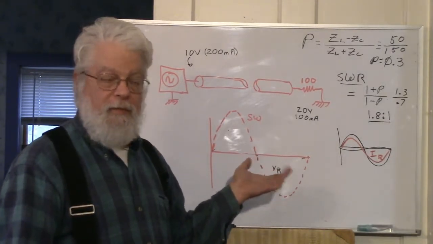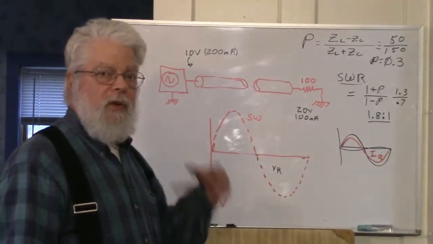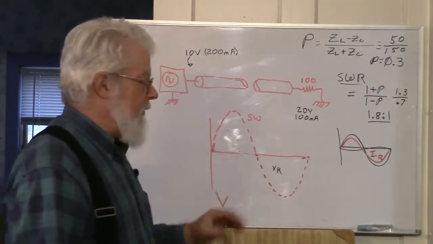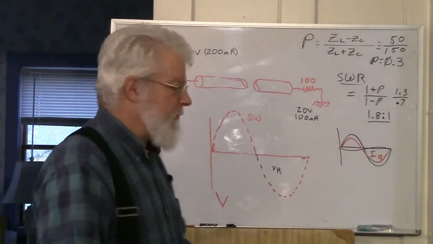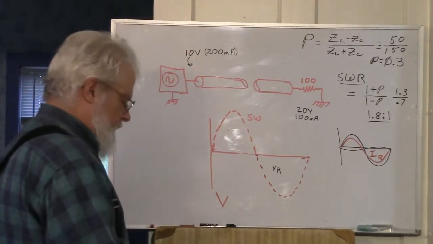Ultimately, the standing wave. Now, they may not appear the same at all points on the line, but there's only one signal. That's very important to know when you're looking at these measurements.